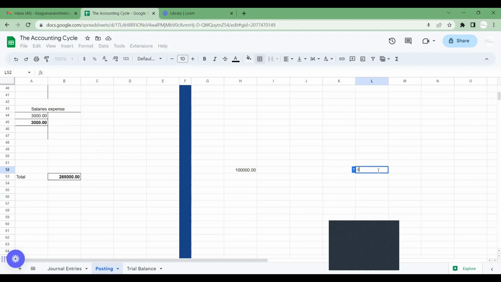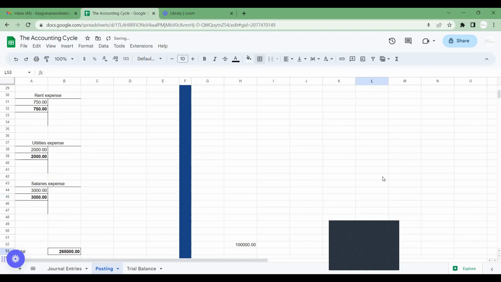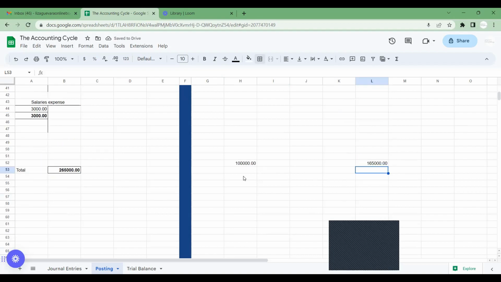On capital account, we have 50,000 and your total income, plus this one.